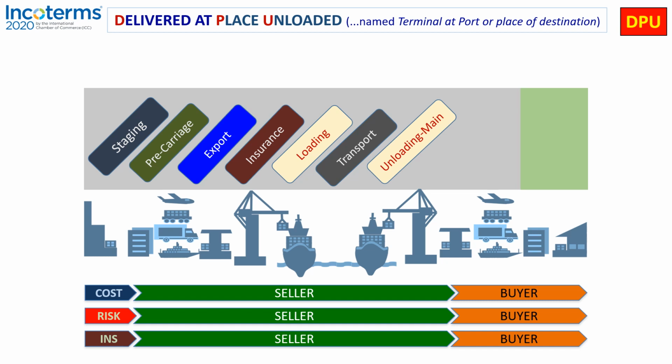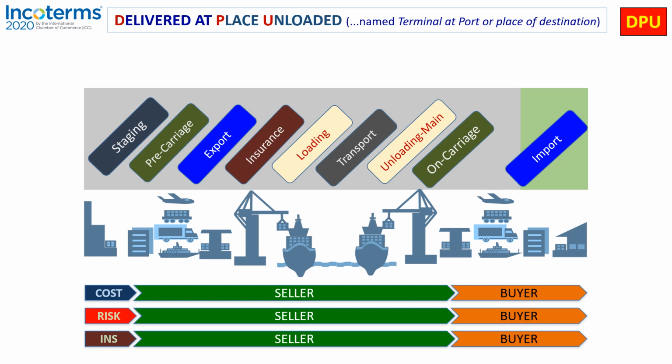Insurance up to the point of delivery is with the seller, and then import clearance still remains with the buyer, right? As in DAP, in DPU also the import clearance responsibility is with the buyer.